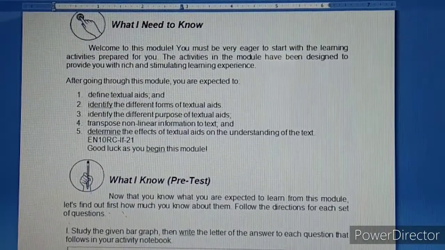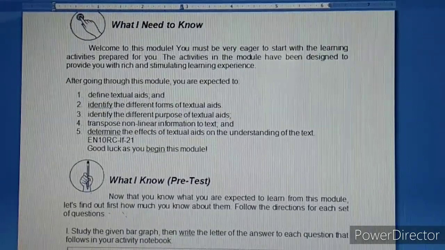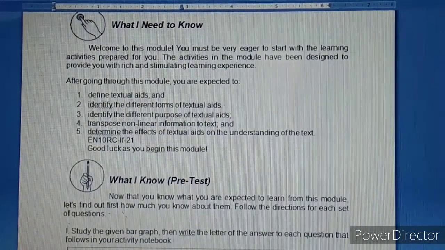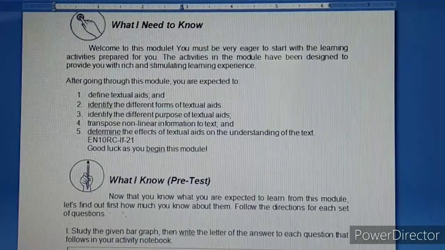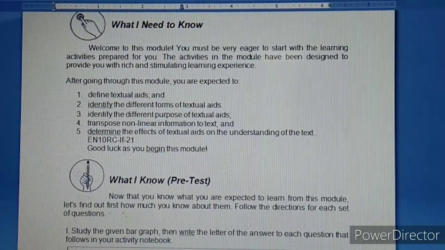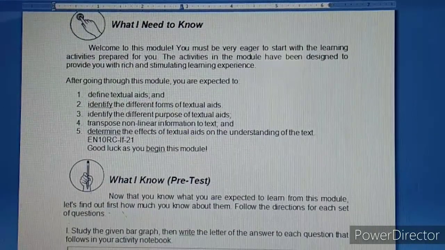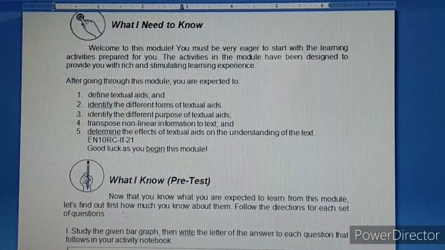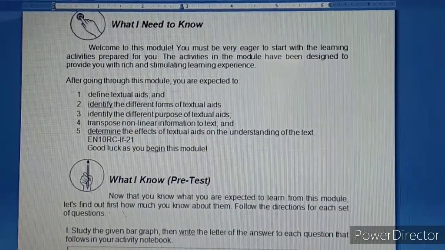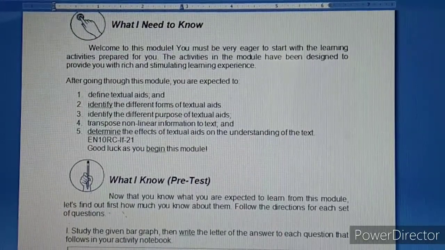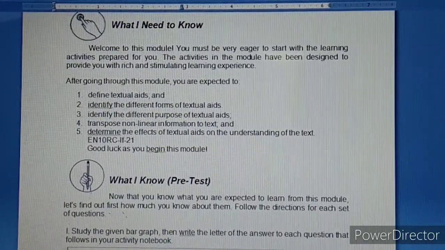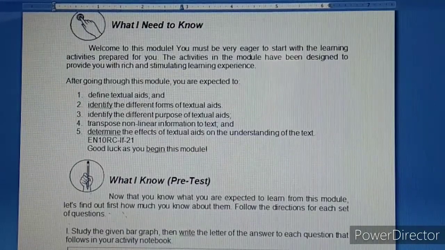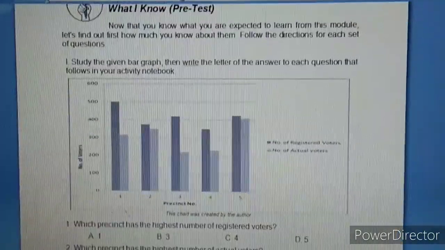After going through this module, you are expected to define textual aids and identify the different forms of textual aids, identify the different purposes of textual aids, transpose nonlinear information to text, and determine the effects of textual aids on the understanding of the text. So good luck as you begin this module.